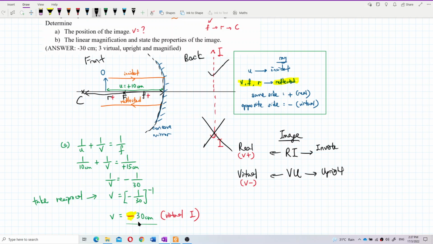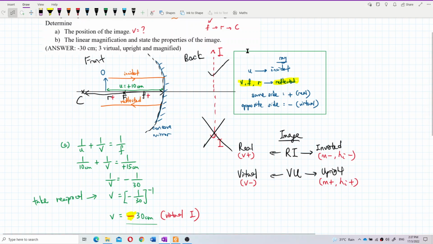Understand? Another thing I can elaborate: an inverted image will have negative magnification and negative height of image. But if it is an upright image, the magnification is positive and the height of image is positive. But these are other notes.